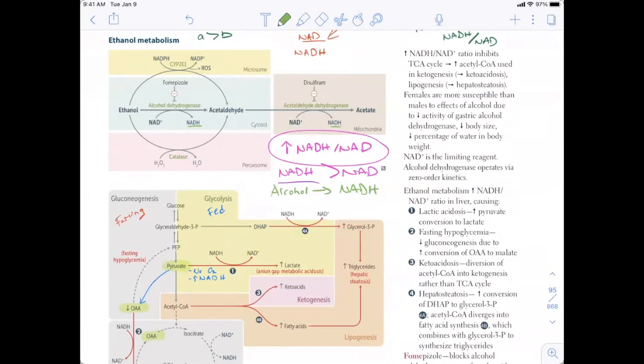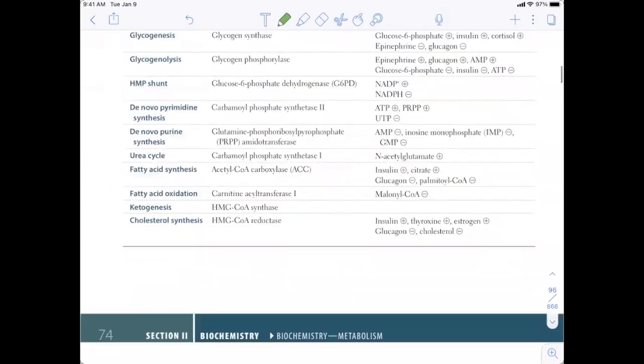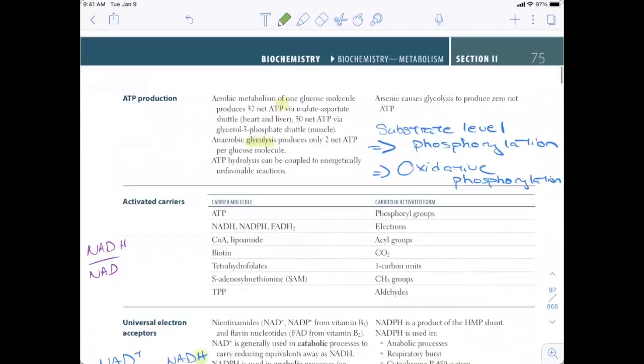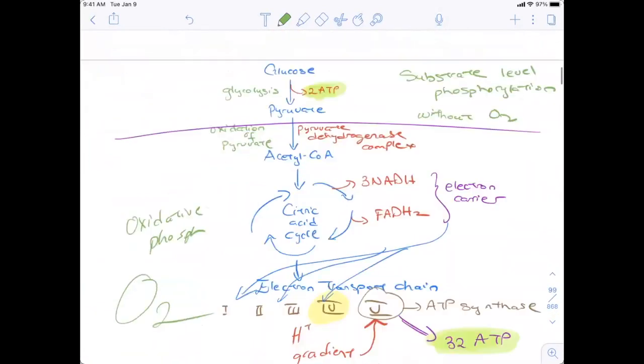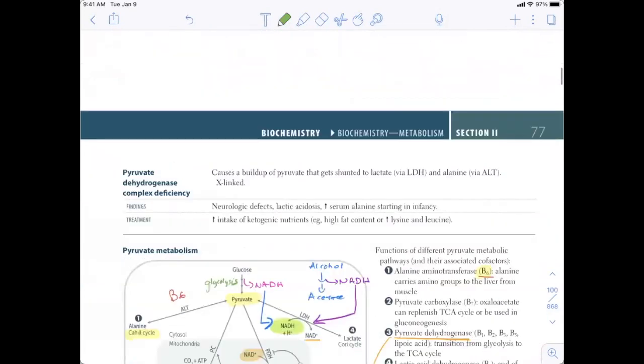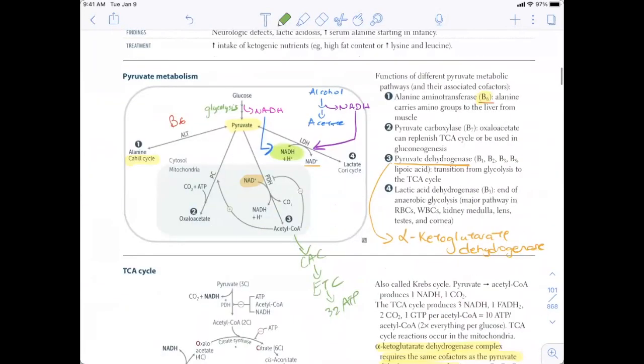So the thing about it is, if I have a lot of NADH, guess what's going to happen? If you come back to these steps right here, since it's making a lot of NADH, not NAD, am I going to be coming down to acetyl-CoA?